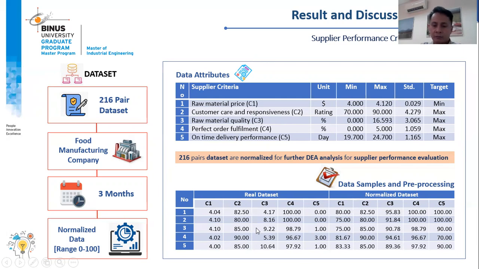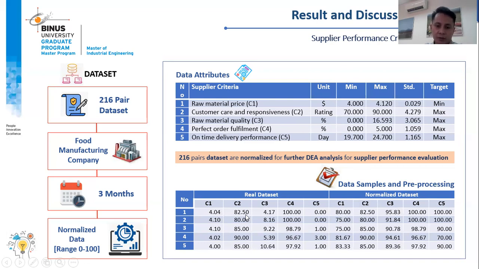This is the data sample and pre-processing. I show 5 random data. For example, for criteria number 1, the real data set value is 4.04. After we normalize, we get 80.00.